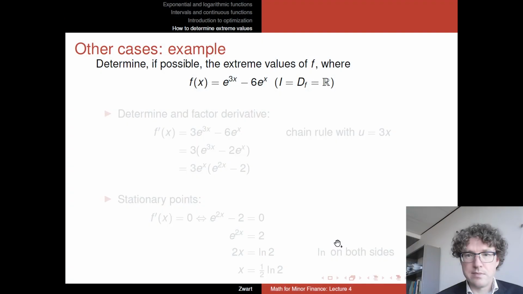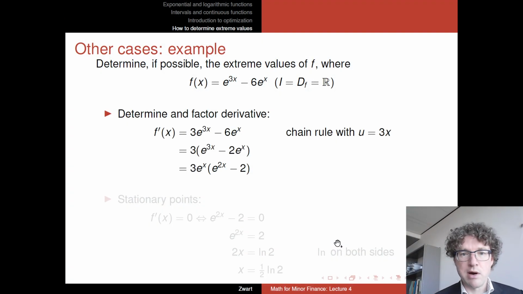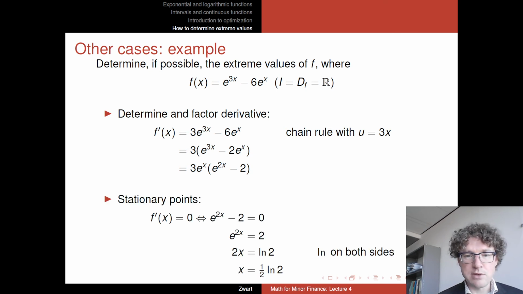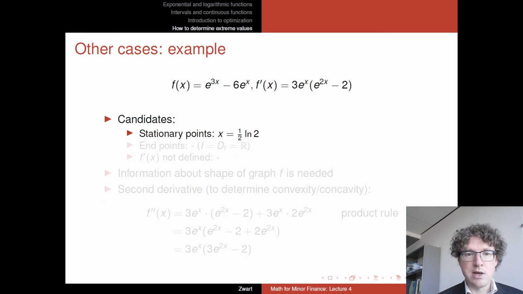So let's have a look again at the slide. So here we are on the slide. We wanted to figure out what the stationary point is. So we determined the derivative of this function, f prime. We figured out when it's 0, that gave us one answer, x equals a half log 2. We looked at all the candidate points.